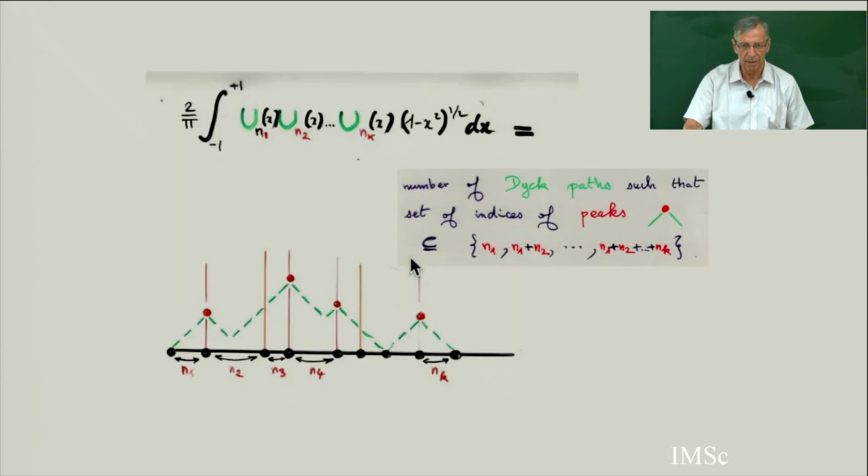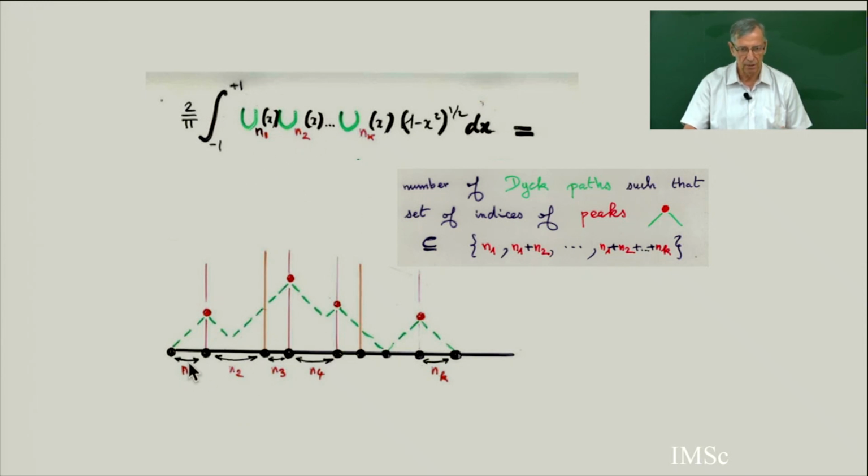For example, in this case, for the Chebyshev, I claim that the integral, this is the integral giving the scalar product for orthogonality, I claim that this big integral in analysis is exactly the number of Dyck paths such that the indices of the peaks, in red you have the peaks, must be contained in this set of integers. So n1, n2, and so on are the indices of the polynomial.